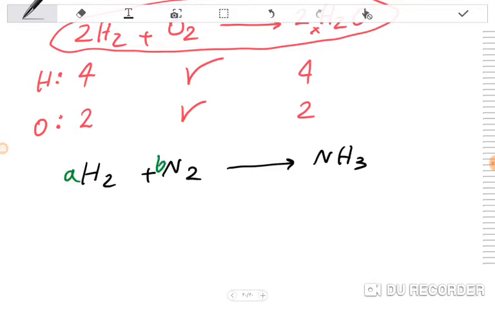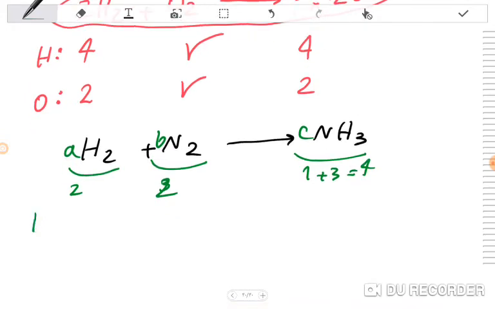A, B, C. Number of hydrogen and nitrogen on the left side, and nitrogen and hydrogen on the right side. H2 has 2 atoms, N2 has 2 atoms, and NH3 has 1 atom of nitrogen and 3 atoms of hydrogen. 1 plus 3 is 4.